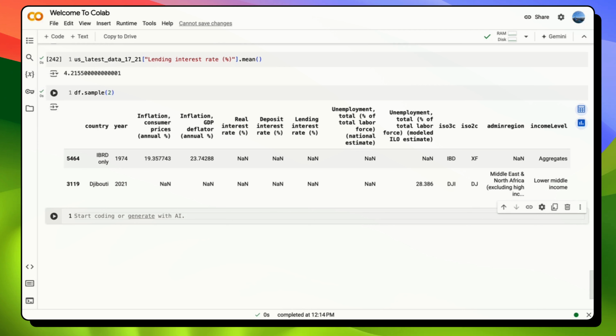So it seems like it does not have data for these small countries.